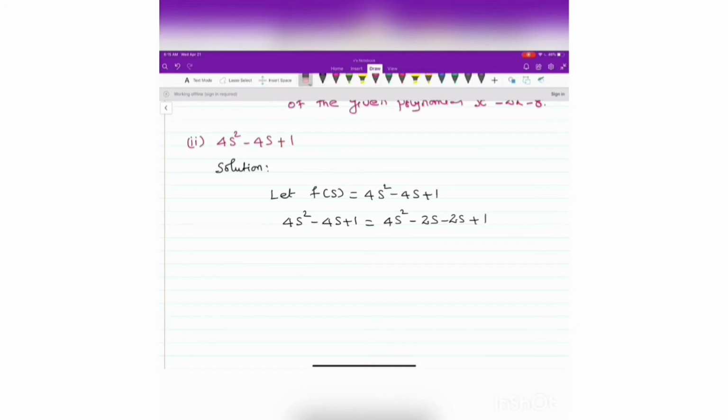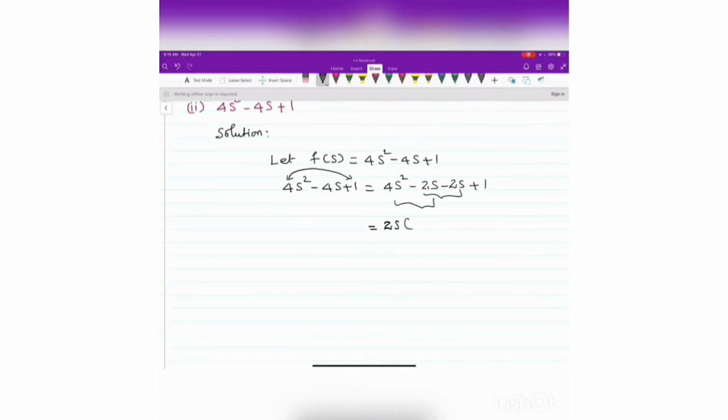When I add these two terms, I will be getting minus 4s, and when I multiply minus 2s and minus 2s, I will be getting plus 4s square. That is the product of the first and the last terms. Now, when I combine these two terms, I can take out 2 as common factor. Then inside I will be having 2s minus 1.